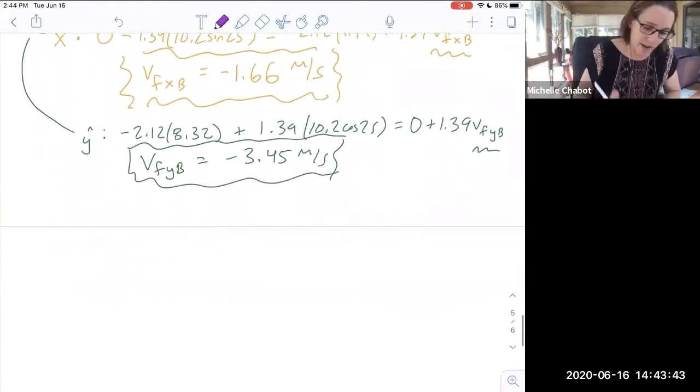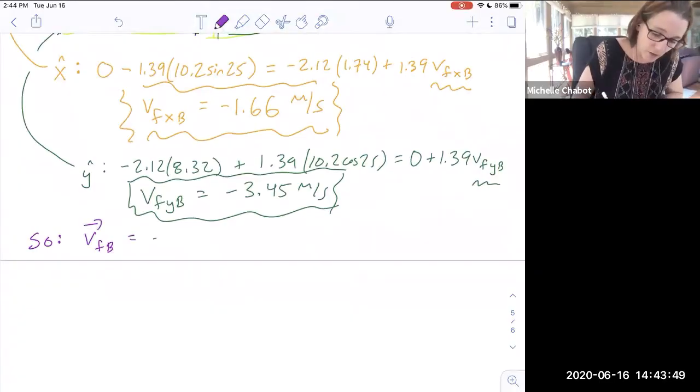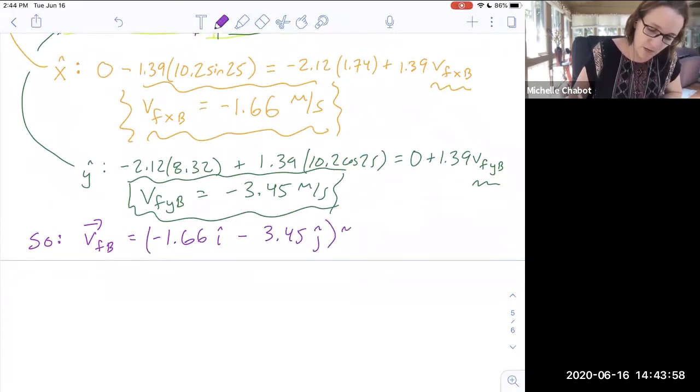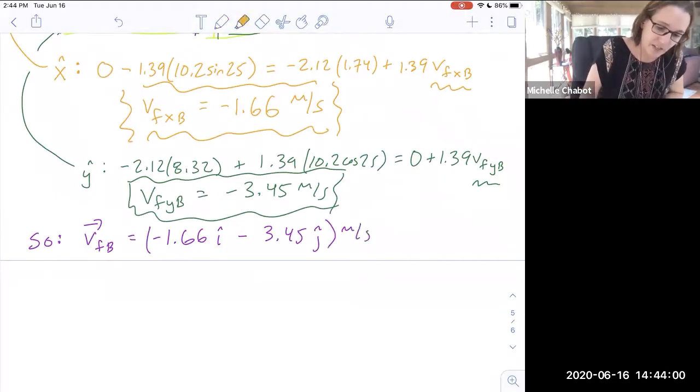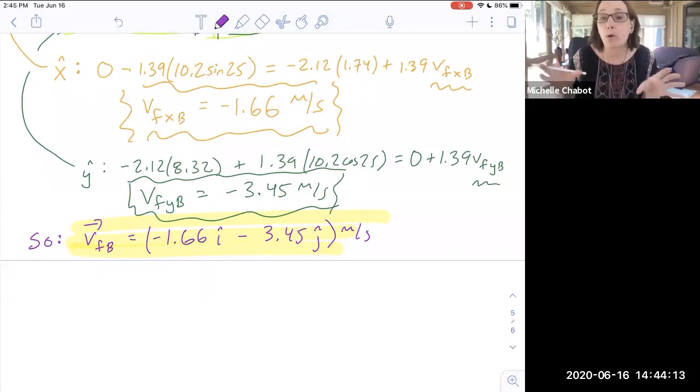So what I have here is that v final of object B in unit vector notation would be negative 1.66 i hat minus 3.45 j hat meters per second. And that is going to be my final result for part A of this problem. That is applying conservation of linear momentum to the situation and finding the two components of the velocity.